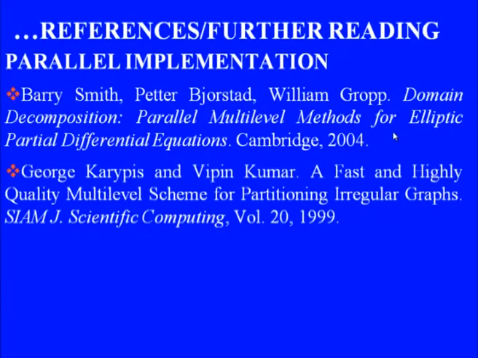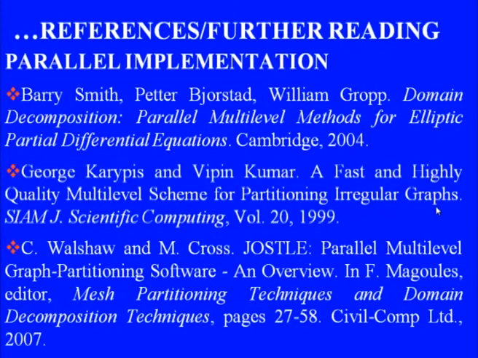Then for the two grid partitioning tools which you mentioned, you can have a look at Karypis and Vipin Kumar's paper on a fast and high quality multilevel scheme for partitioning irregular graphs. This is the basis of Metis, and then similarly for Jostle, you can have a look at the chapter in this contributed volume by Walshaw and Cross, Jostle: Parallel Multilevel Graph Partitioning Software, an Overview.